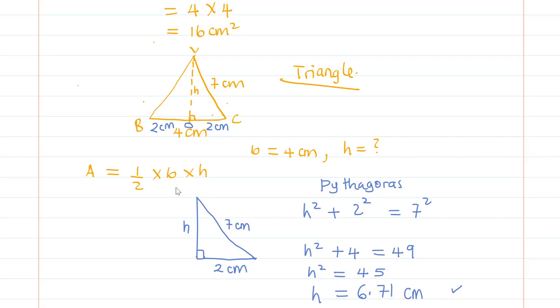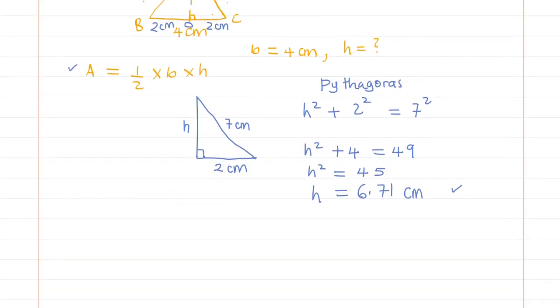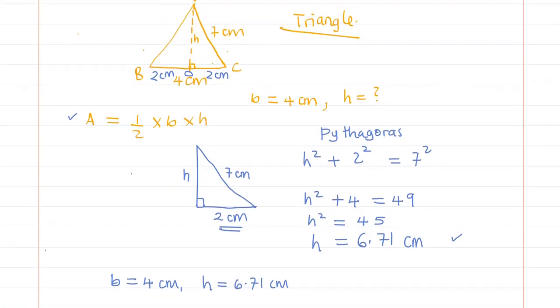So after getting the height, then we can find the area of this triangle. Remember, our base was 4 centimeters and our height now is 6.71 centimeters. Someone may think 2 centimeters is the base, but that is not true. 2 centimeters would be the base if the original triangle was in this format that we have extracted, but it was not in that format.